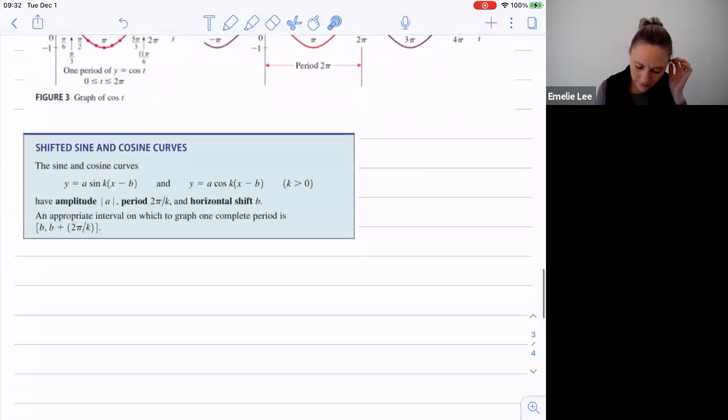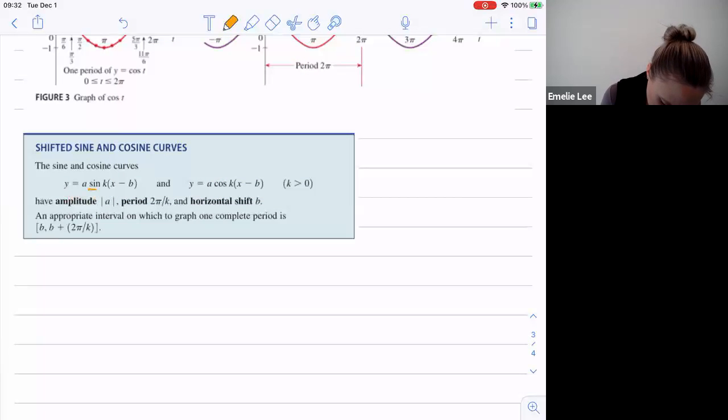So the sine and cosine curves, the general sine curve y equals A sine k times (x minus b), and y equals A cos k times (x minus b), as long as k is greater than 0, have an amplitude of the absolute value of A. Notice that A here is just multiplying the sine or the cosine. Let's compare these. The only difference is that this is sine and this is cosine, so everything else is the same.